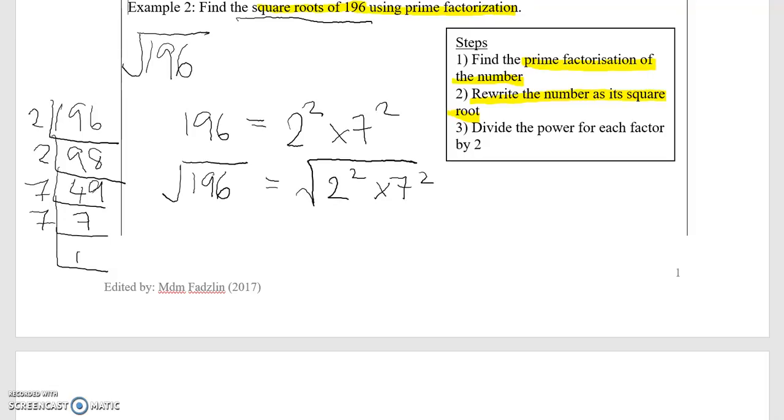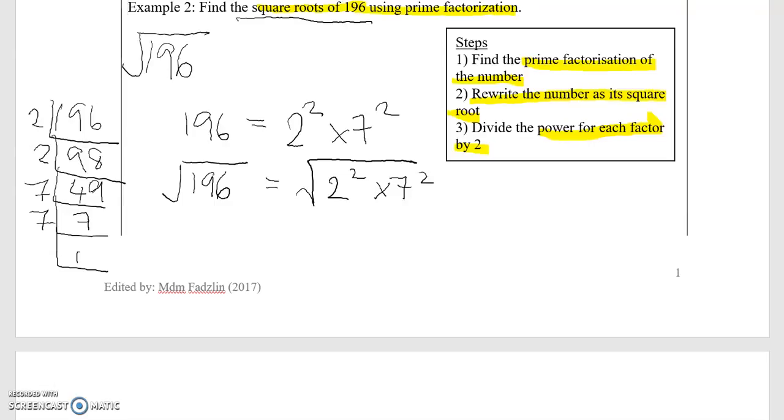Step 3. We divide the power for each factor by 2. And we remove the square root symbol.